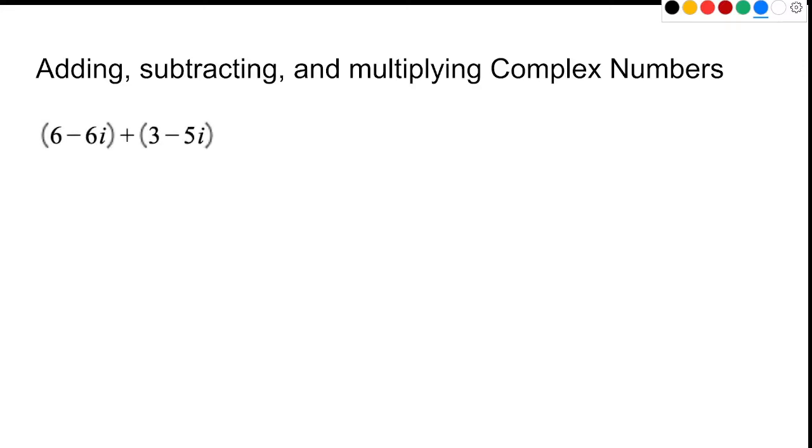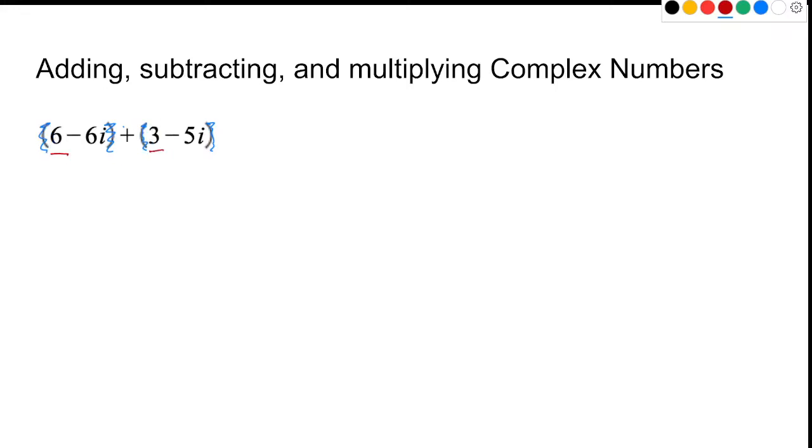So first, how do we add two complex numbers together? When we add, we can remove the parentheses. You could think of it as distributing a positive, but a positive doesn't change anything when you multiply through by +1. Then all we're doing is combining like terms.